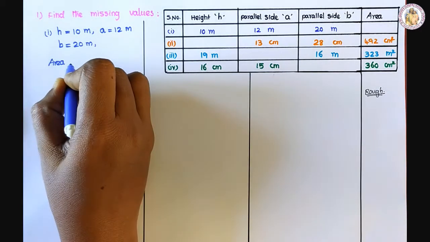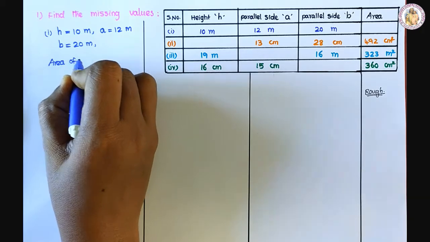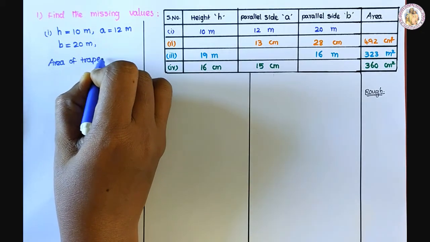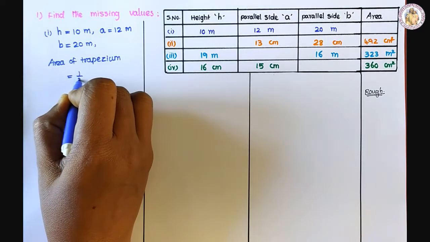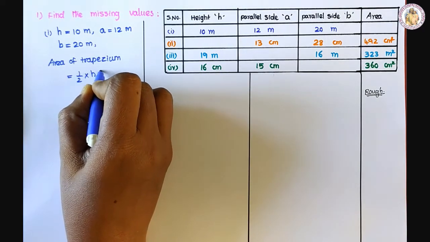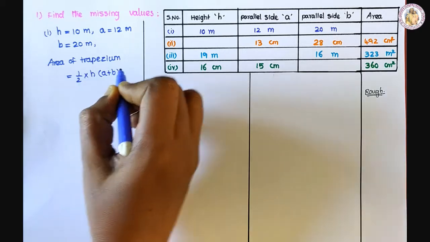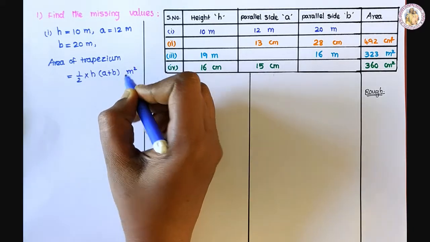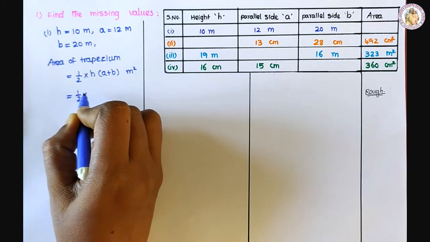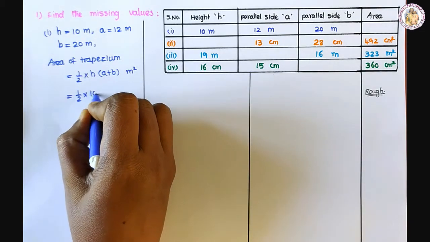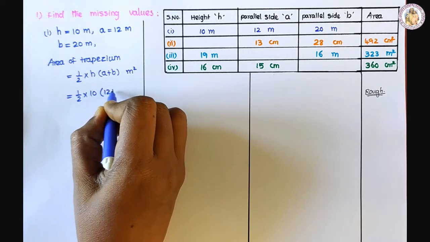Area of trapezium equals 1 by 2 into h into (a plus b) square meter. 1 by 2 into 10 into (12 plus 20).